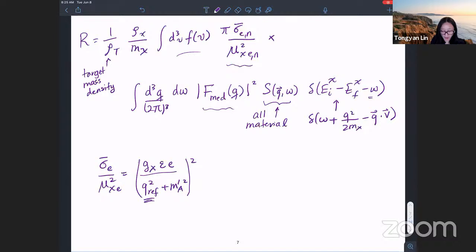And it's defined at a reference cross-section just so we can compare, and the actual momentum dependence of the potential is then absorbed into this mediator form factor.